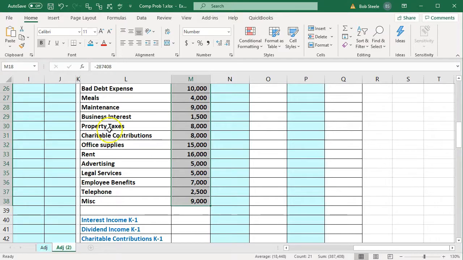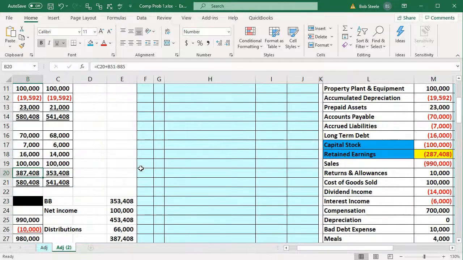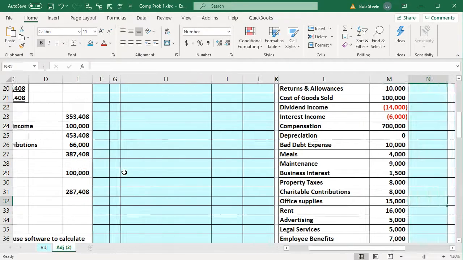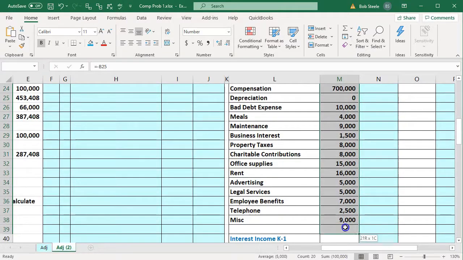The beginning number is, as we saw before, the 387,408 minus the net income of 100,000, or 287,408. That's going to be our beginning number. So in essence, it includes the draws that were taken out. It's not including the net income, because the net income is included down below. All these numbers add up to the net income of the 100,000.